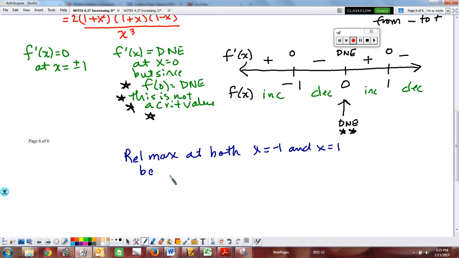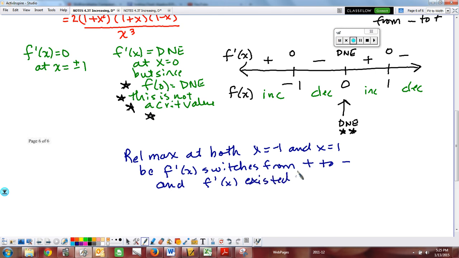And remember, give your calculus reasoning, which is that your f prime of x switches from positive to negative, and f prime of x existed for these values. All right, and so that will keep you from making the mistake about the DNE.